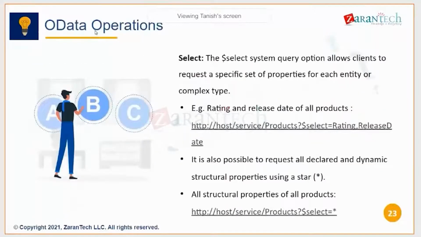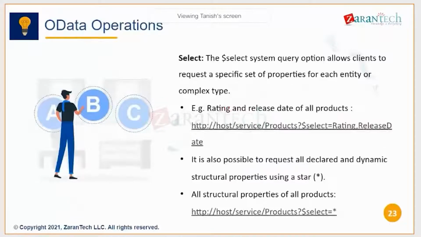And operations, select operation. The select system query option allows the clients to specify or request a specific set of properties for each entity type and complex type. For example, rating and release date of all products. So select only rating, and you don't have to select all of these properties if you just want to explicitly show only one or two properties.